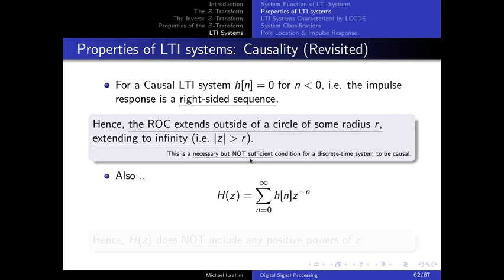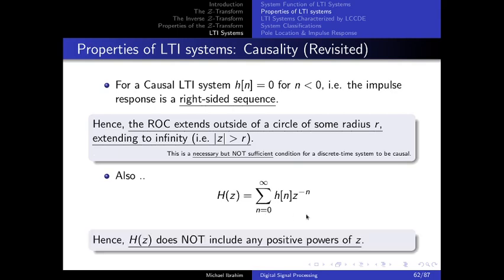How is that? Because remember also that H of z is a summation from minus infinity to plus infinity of h of n times z to the power minus n. And if h of n is 0 for n less than 0, then the summation should start from 0, which means that H of z does not include any positive power of z.